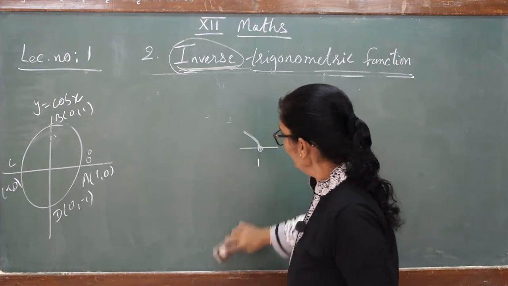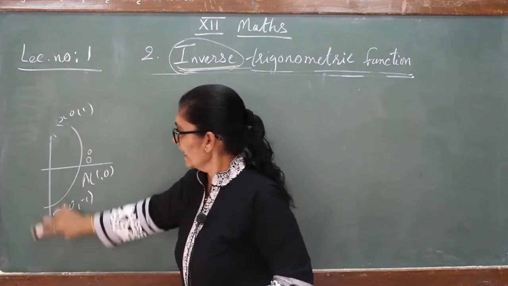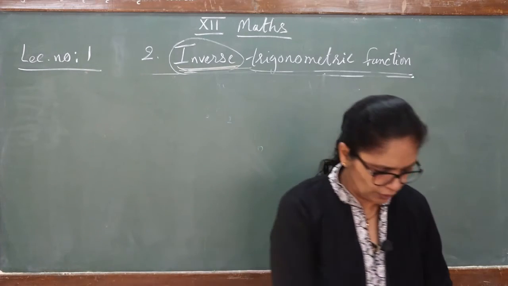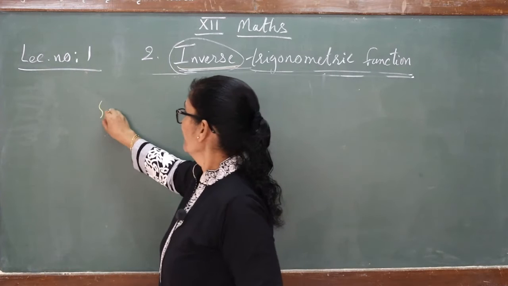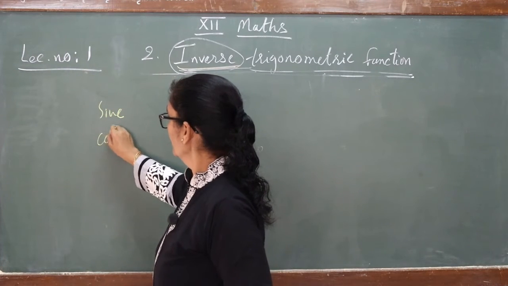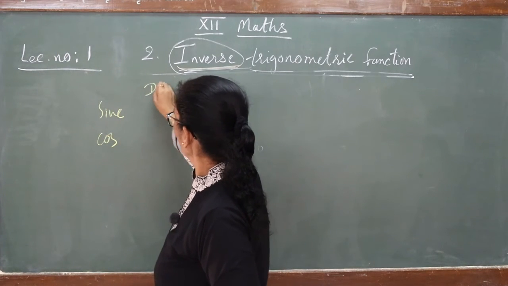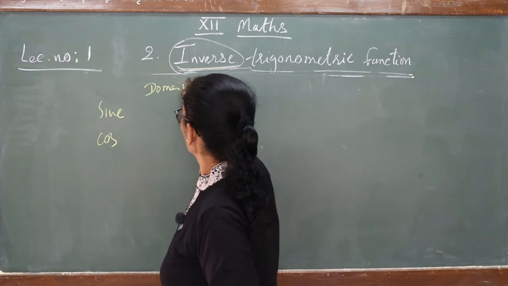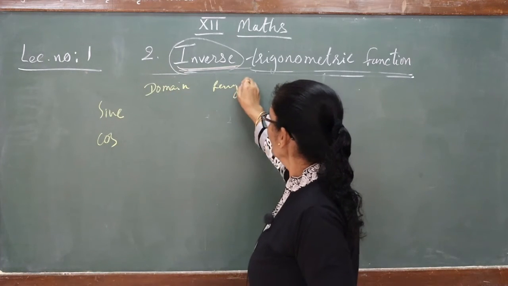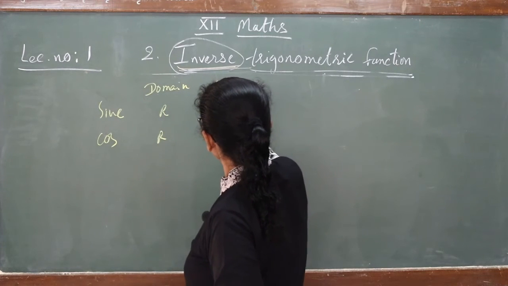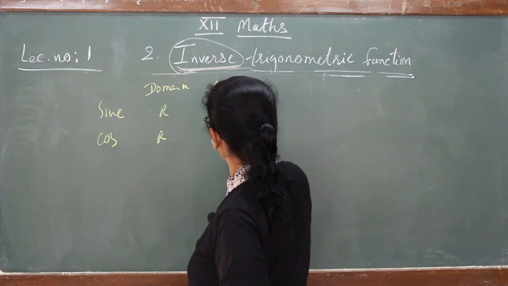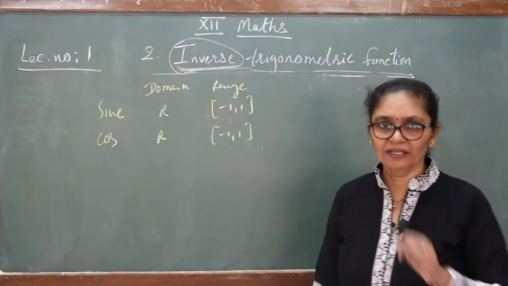Okay, now we will make a table for sine and cos. First we have to write its domain, then its range. So for sine and cos, the domain is this and the range is minus 1 comma 1. We are already familiar with it.